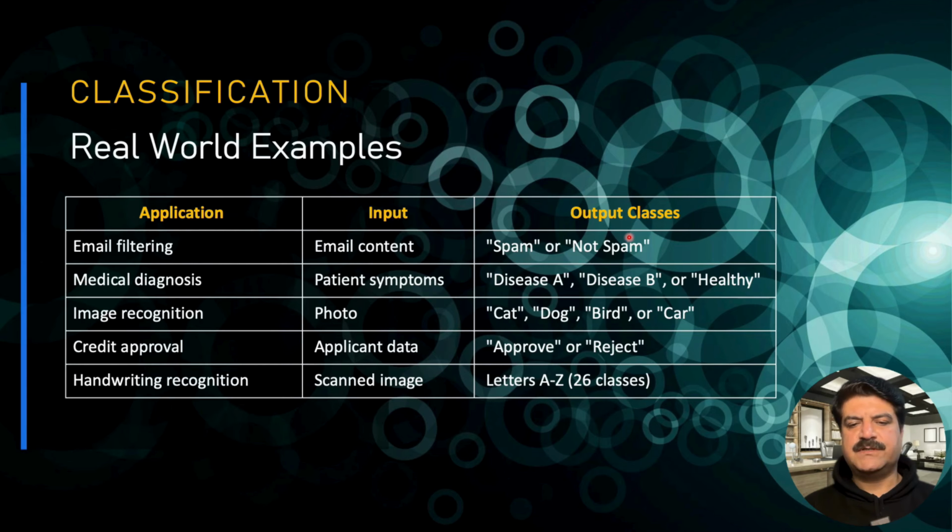So it has to filter between the spam email and the not spam email. It recognizes all the patterns and contents of the email, and it has already been trained on millions of documents, files and wordings. On the basis of that, it filters whether an email is spam or not spam.